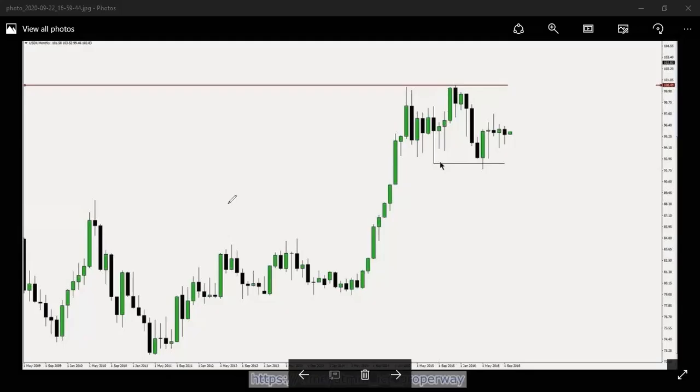If it closes below the 50%, there are other things you look at, which is not today's lesson, and which can still support that order block again. It's a lot of stuff I'll teach you in future lessons.